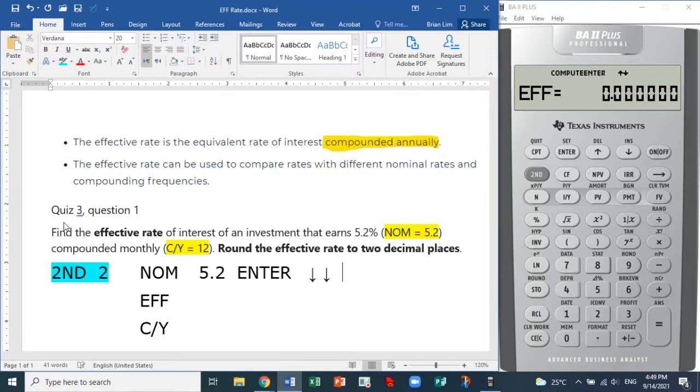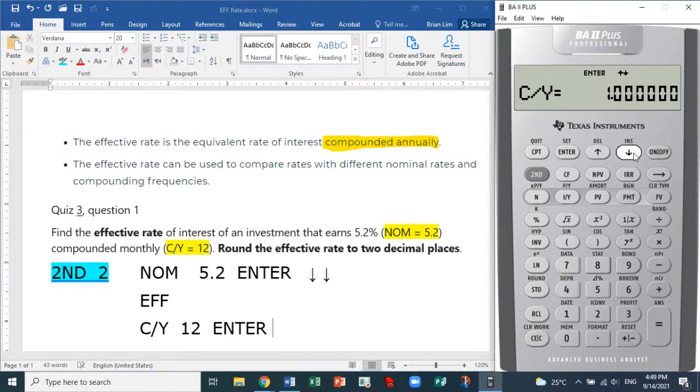So CY is equal to what? Well, the value for CY is 12, correct? So we put in 12 here, and then press enter. So we press the down arrow twice, then put in 12, and press enter.